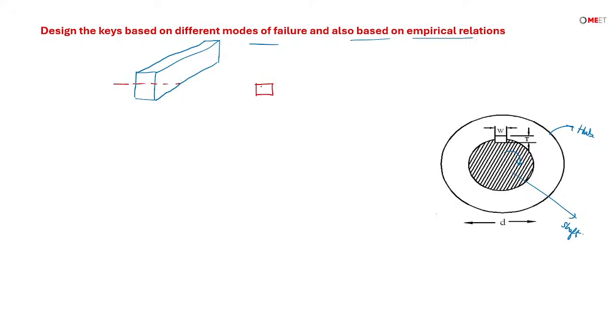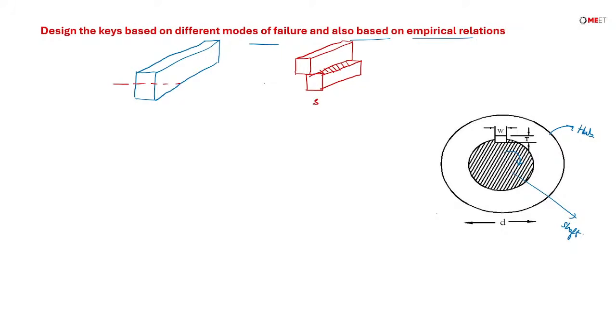Due to the sliding of surfaces, the key might split into two halves, the top half and the bottom half. The sliding is going to be tangential, and it is going to get sheared off into two pieces.